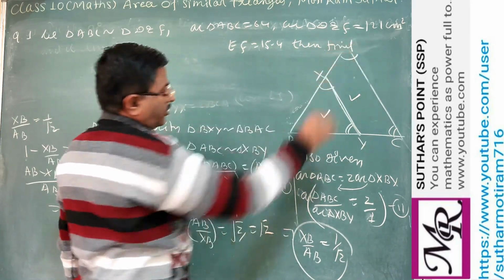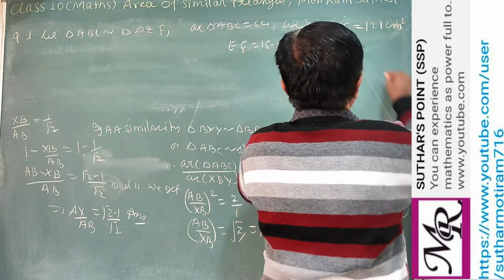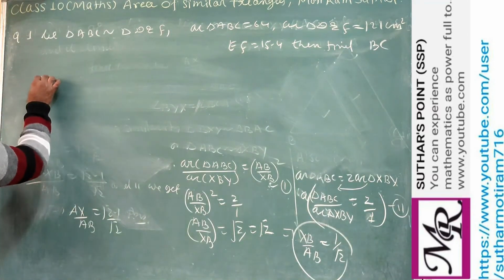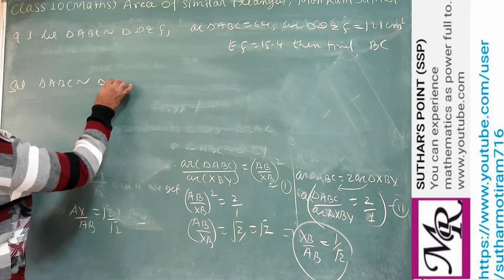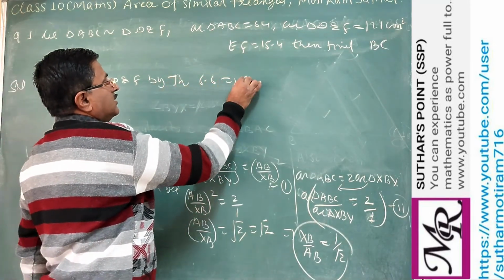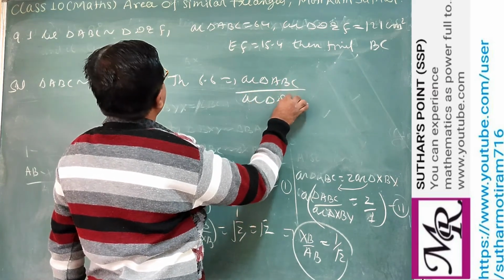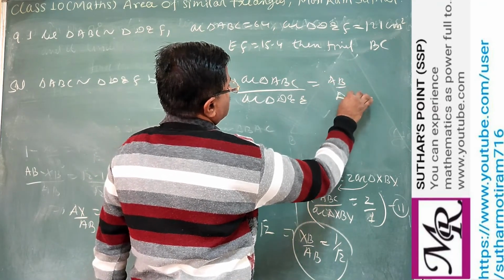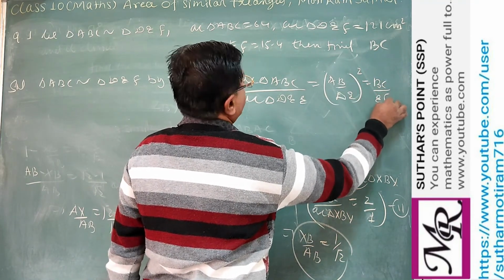Then find BC. So we use the direct theorem here. In the solution you write triangle ABC similar to triangle DEF. So by theorem 6.6, area of triangle ABC upon area of triangle DEF equals the ratio of corresponding sides, BC upon EF squared.